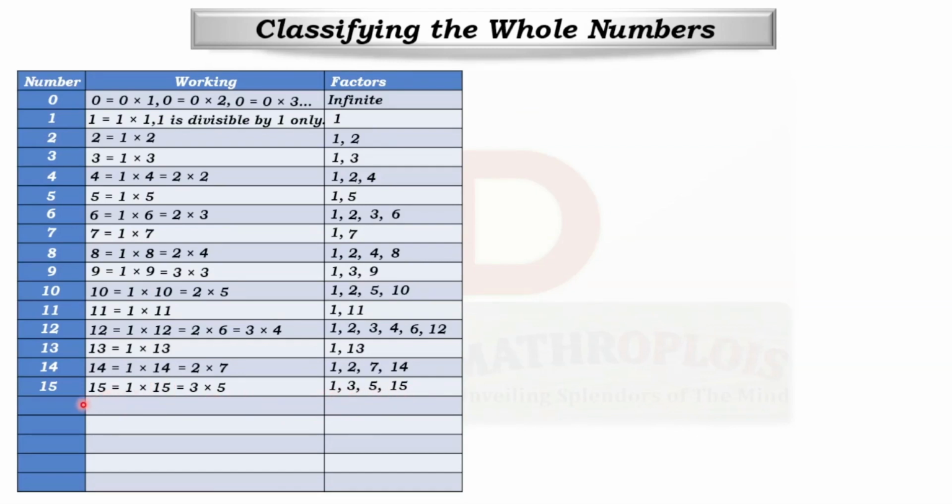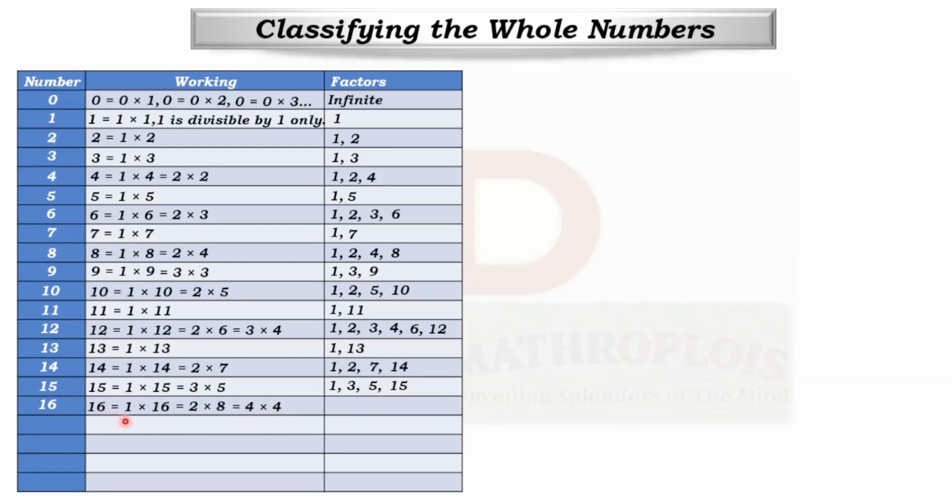Next number is 16. Let us now find out all possible factors of 16. 1 multiplied by 16 is equal to 16. 2 multiplied by 8 is equal to 16. 4 multiplied by 4 is equal to 16.